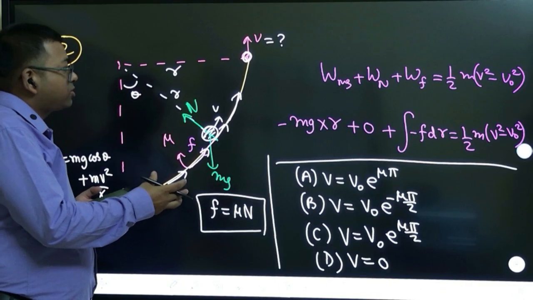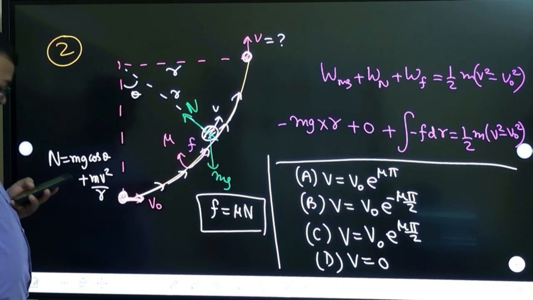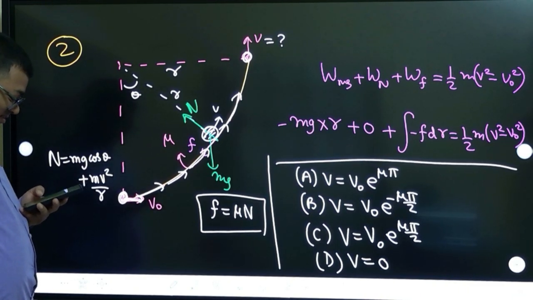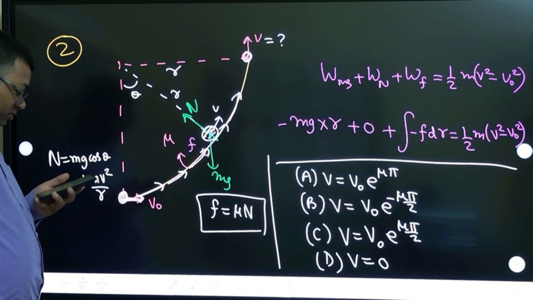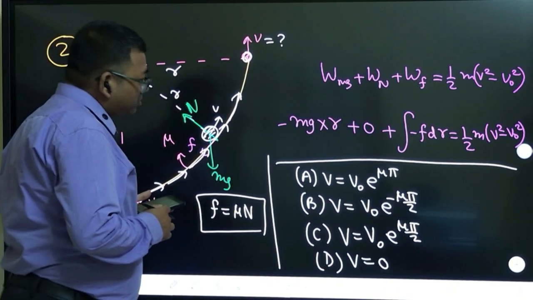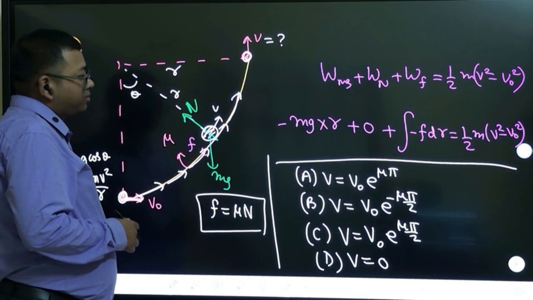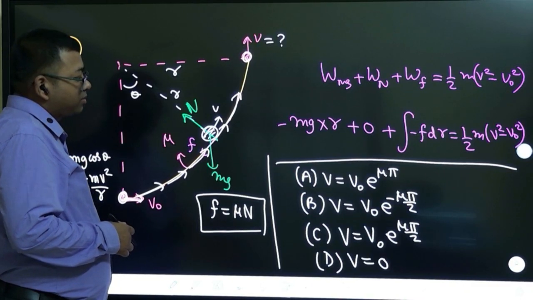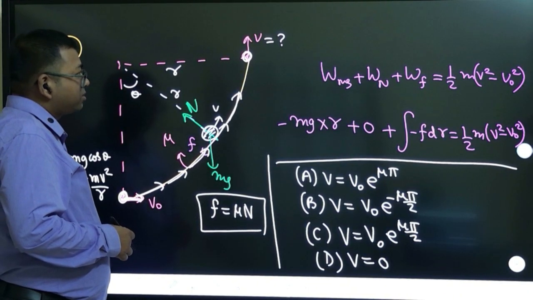I think the solution may come by that integration approach or what? What do you think? It won't be zero, so maybe you can remove some of the options. But they have not mentioned any other condition.